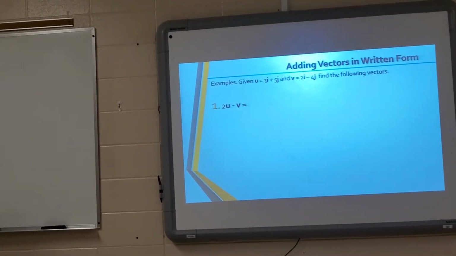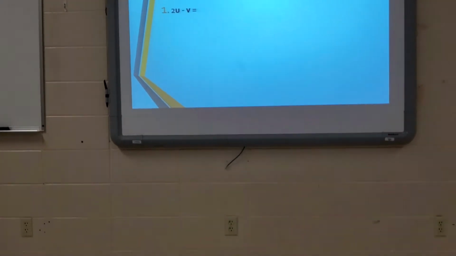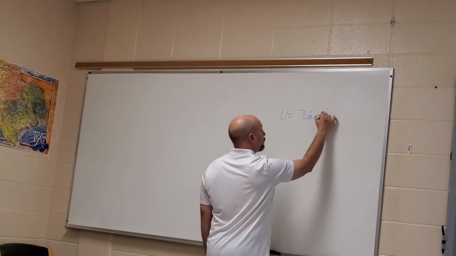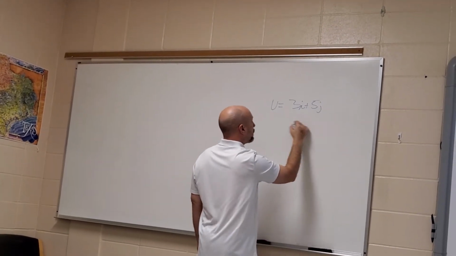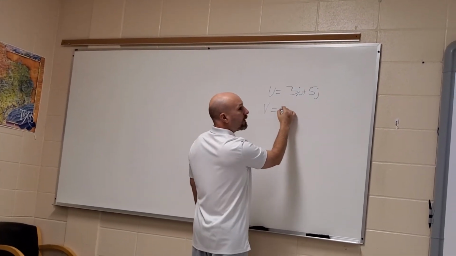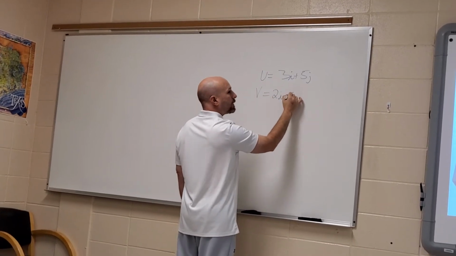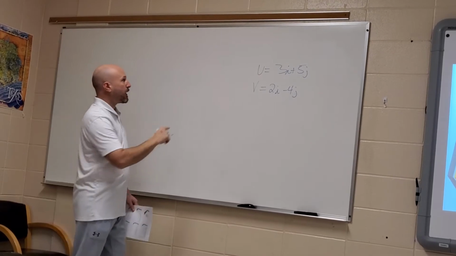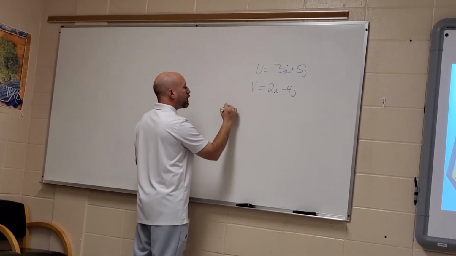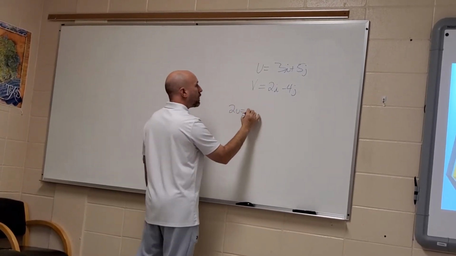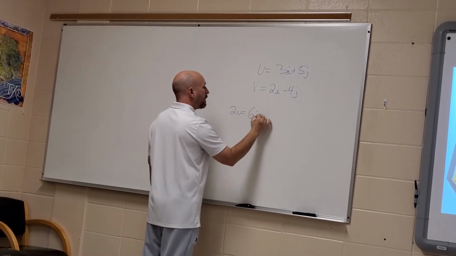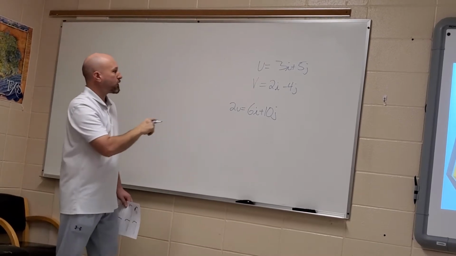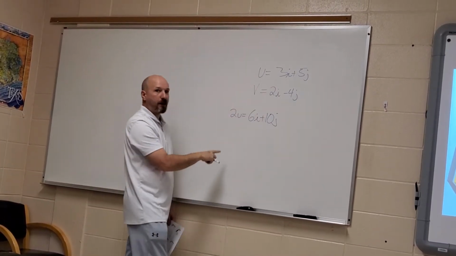Well, if u is 3i plus 5j, and v is 2i minus 4j, then 2u would be 6i plus 10j. Remember, we just multiply both these components by the scalar 2.